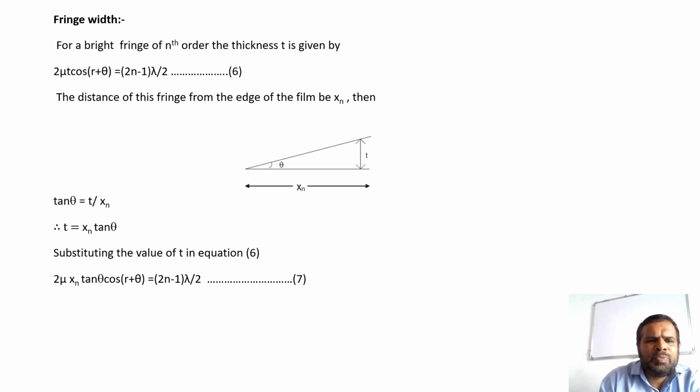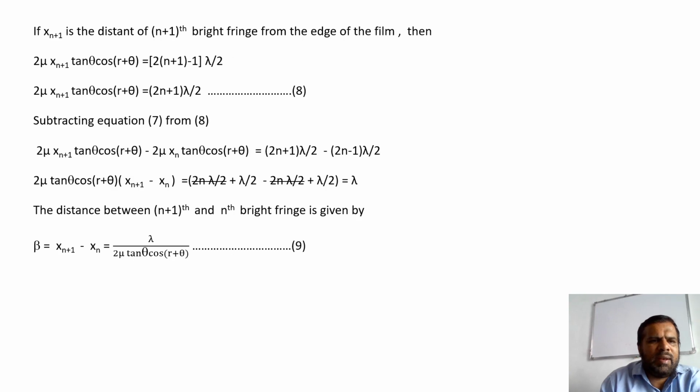Therefore, t is equal to xn into tan theta. Substituting the value of t in equation number 6, we get 2 mu xn tan theta cos of (r plus theta) is equal to (2n minus 1) into lambda divided by 2. Call this equation number 7.